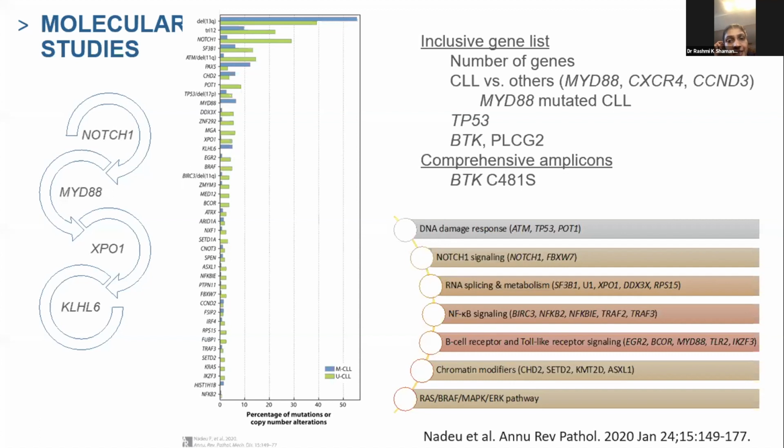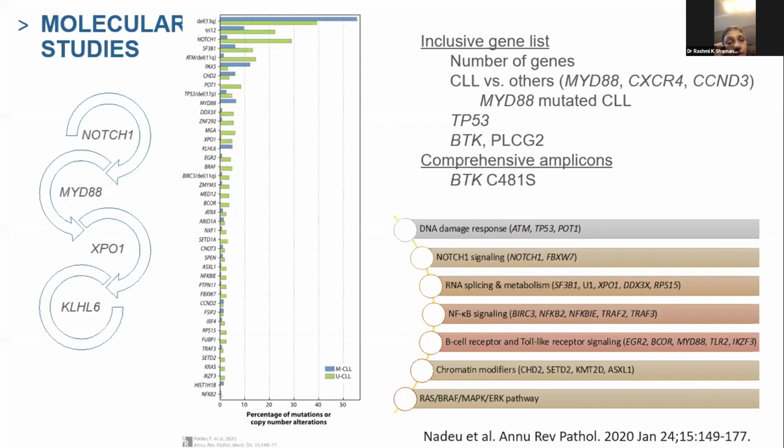For example, MYD88, CXCR4, or even CCND3 mutations can be seen in mantle cell. So on occasions, when it's a very challenging case, we are able to identify some of these biomarkers and then go back and rework it. We also need to acknowledge that some CLLs can show MYD88 mutations as well, but it's important to bring this to our attention and make sure the diagnosis is right.